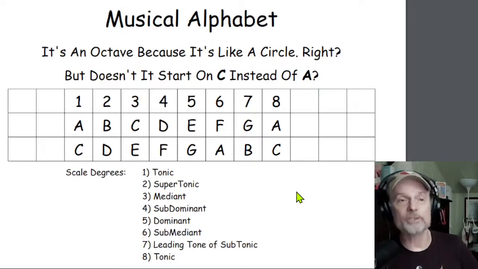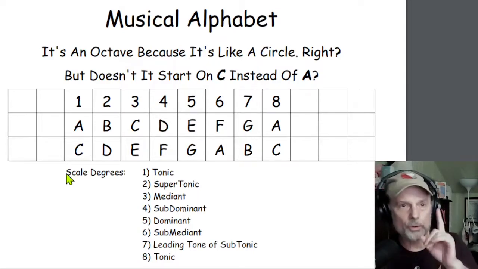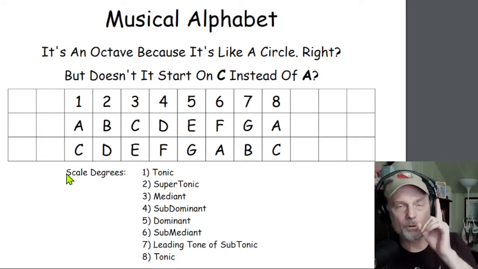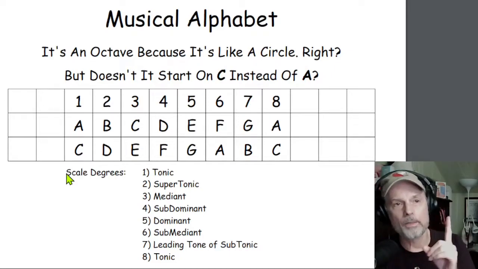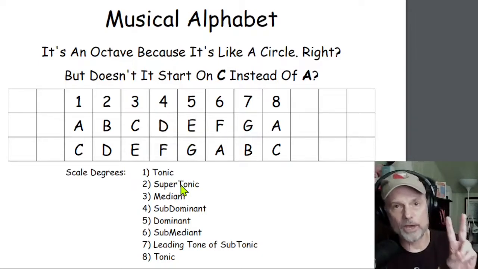The 7 is a flat 7. Whereas the F and the C have a leading tone. Their 7th note is only 1/2 step lower than them. It's a leading tone. Whereas the G, its 7th is 2 half steps.